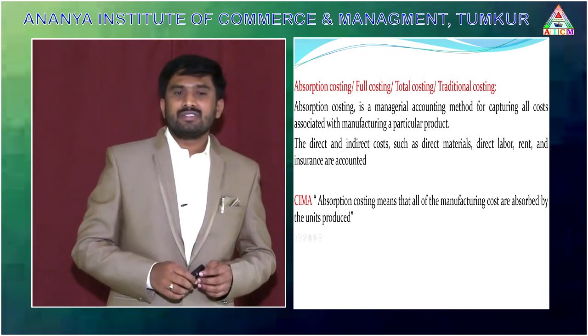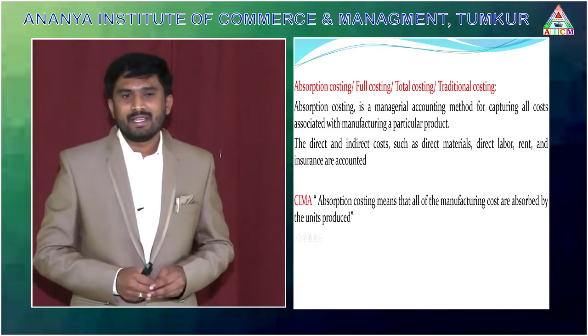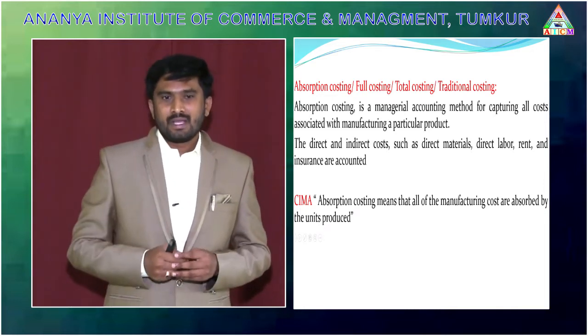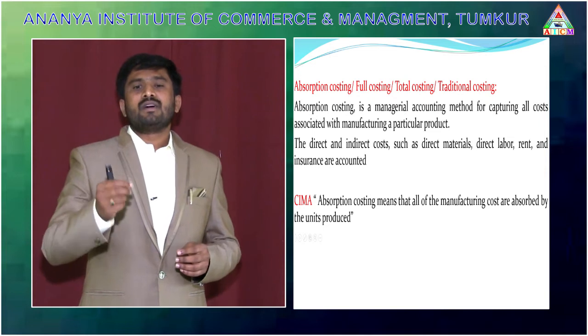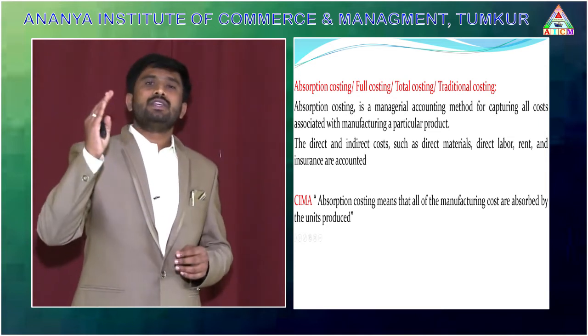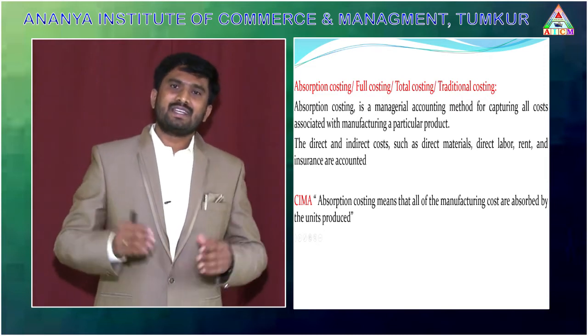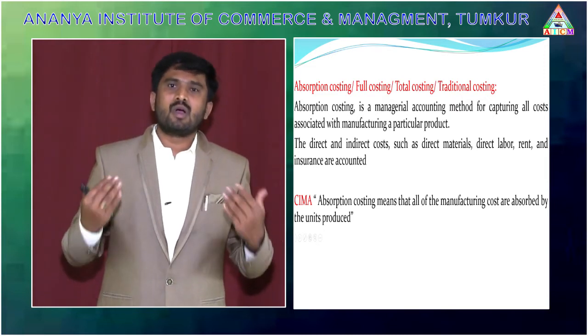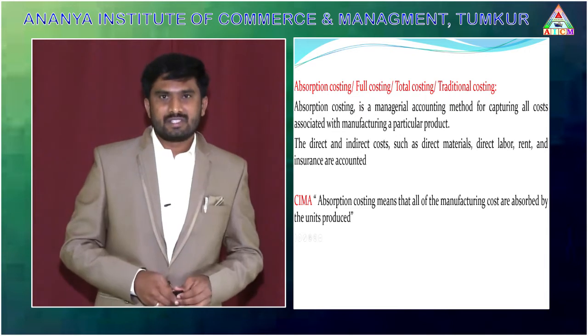One of the definitions is given by CIMA: absorption costing means that all the manufacturing costs are absorbed by the units produced. That is, it absorbs both costs, variable cost and fixed cost.